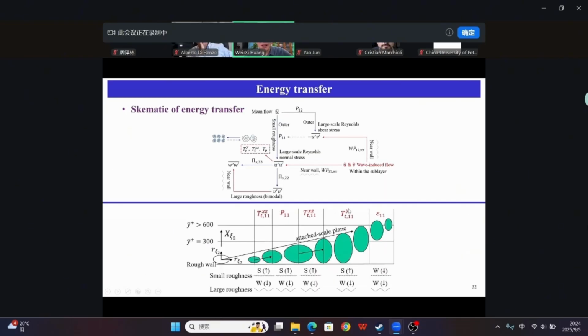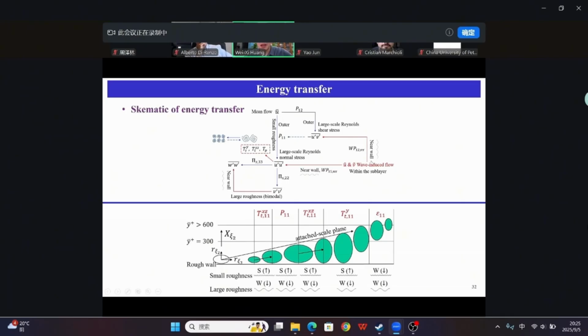Okay, so I show some kind of schematic. To save time, I only briefly introduce it. For the smooth wall, the mean flow transfers energy to the fluctuation by the production term, and then it transfers to the other components by the pressure strain.